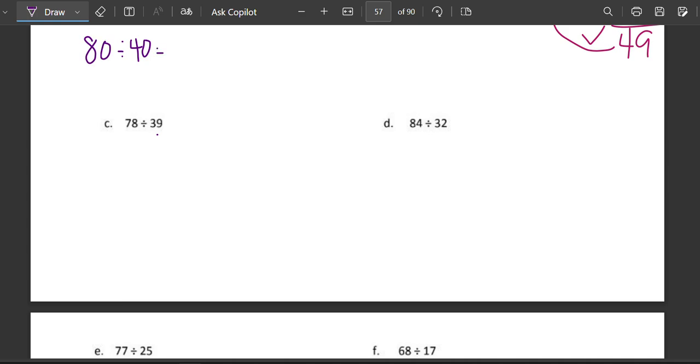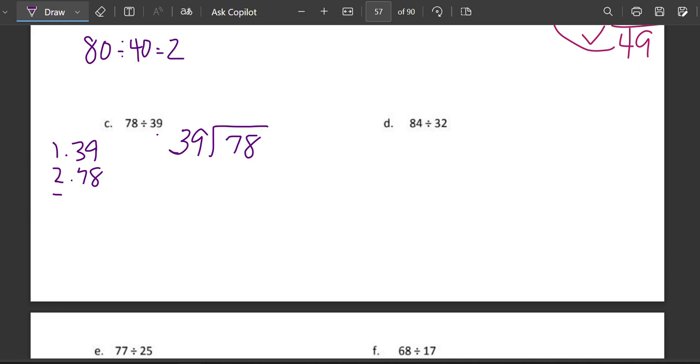So my answer should be somewhere around 2. So I'll take 39 and divide it into 78. 39 times 1 is 39, times 2 is 78.